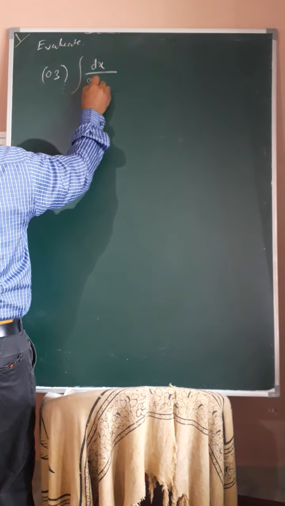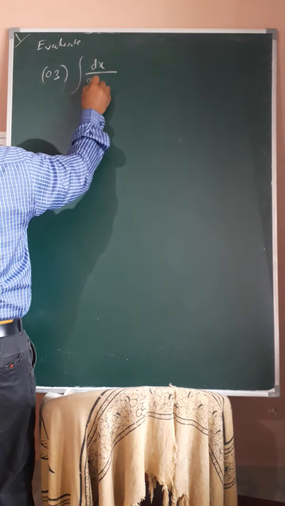So instead of 1 by sin x, we can write cosecant x. If you take the square here, 1 by sin square x is equal to cosecant square x.